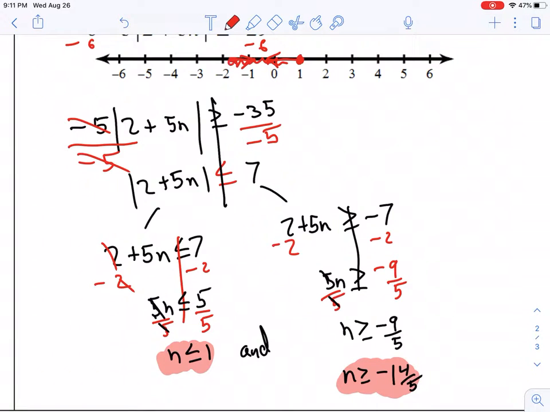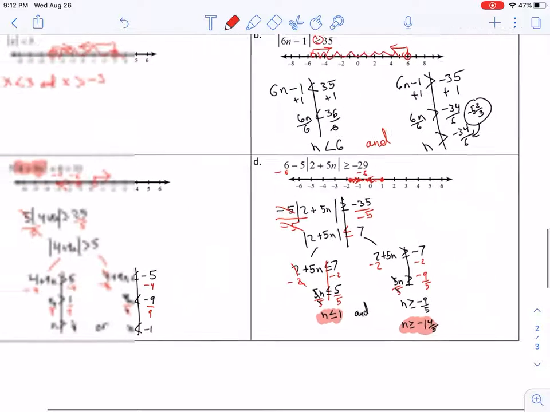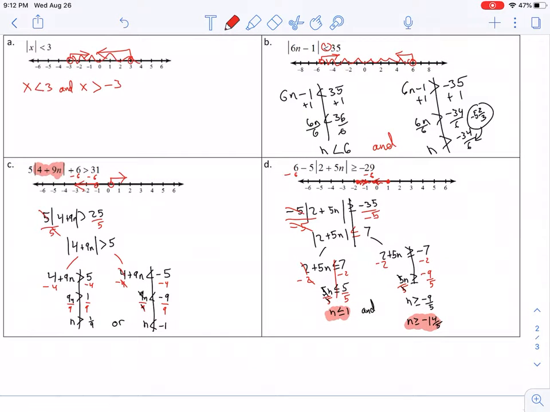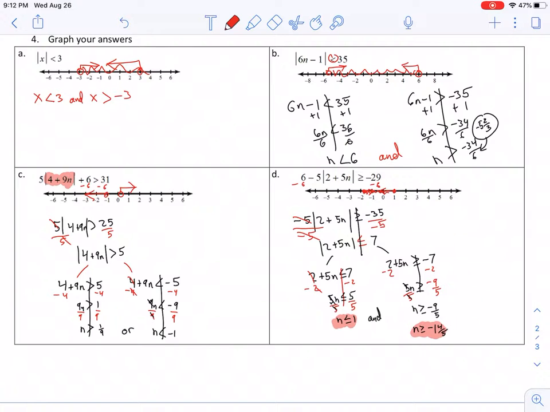They end up shading in toward each other. Okay, a lot going on, but you are capable of doing this. It's taking everything that we've learned about solving equations, solving inequalities, and solving absolute values, and we're compiling it all into one kind of like super equation or super inequality.